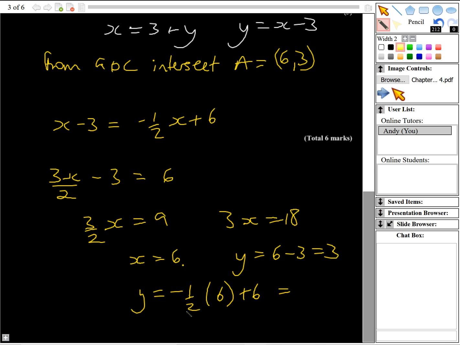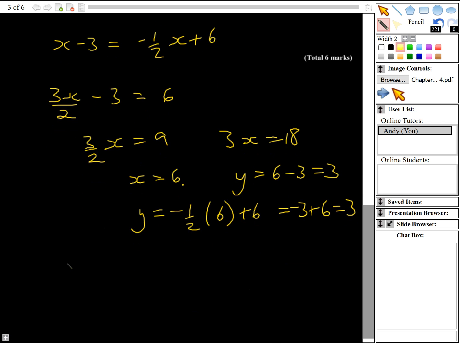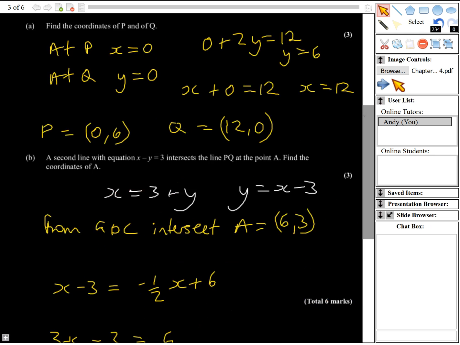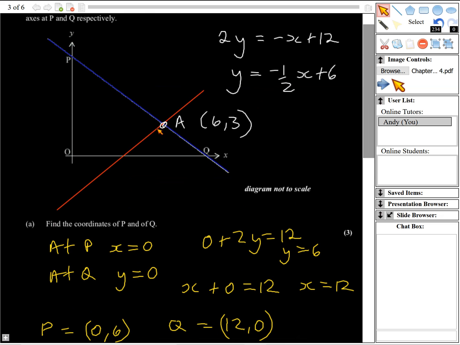So minus a half times 6 would be minus 3, plus 6, sorry. So that would also be 3. So that would be a good check to let me know I've done everything right. So then I would just state that A is at 6, 3. So there are possible ways of doing that. Probably the most straightforward way is to use a calculator, which gave me it directly from the intersection: point A is at 6, 3.